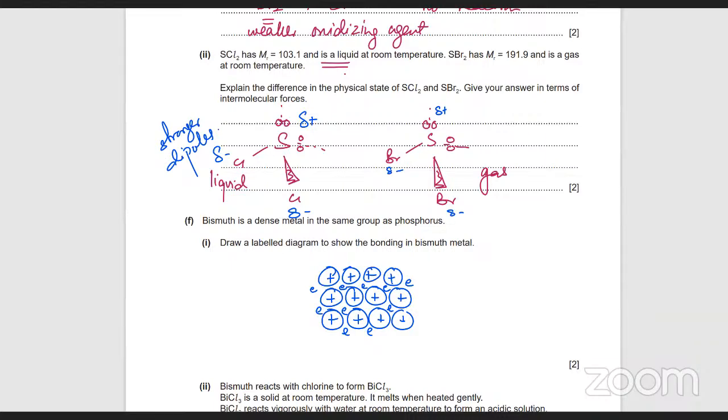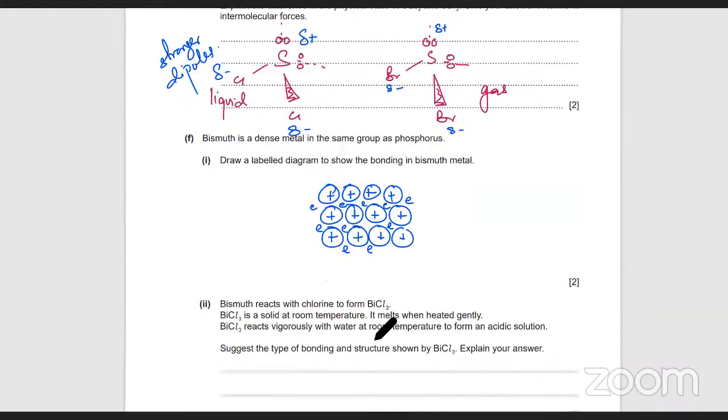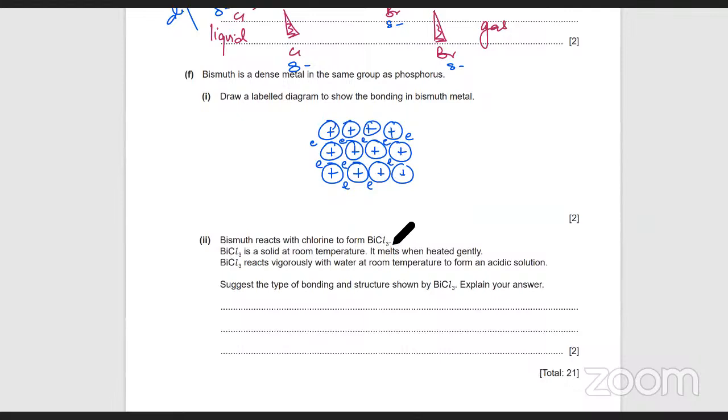अच्छा, फिर next part is bismuth reacts with chloride to form this thing, is a solid at room temperature, melts when heated gently, reacts vigorously with water at room temperature to form an acidic solution, suggests the type of bonding and structure shown by Bi. पहले तो बहुत जल्दी मेल्ट हो जाता है. ठीक है, it melts quickly although it's a solid.